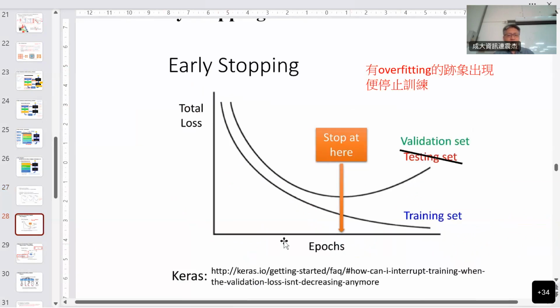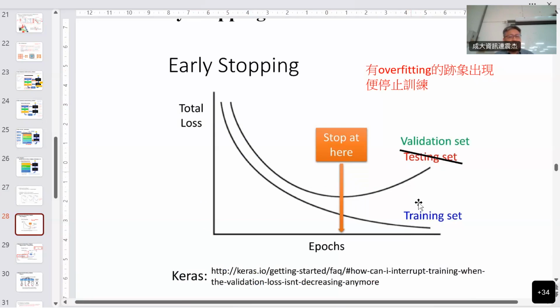As I said, this is the epoch and the loss function. Your homework is this one: the epoch and the accuracy. Early stop is because your training data is here and your validation data is here, supposing you cannot see your test data. If you keep doing epochs, you have a good training result but your validation results become worse.